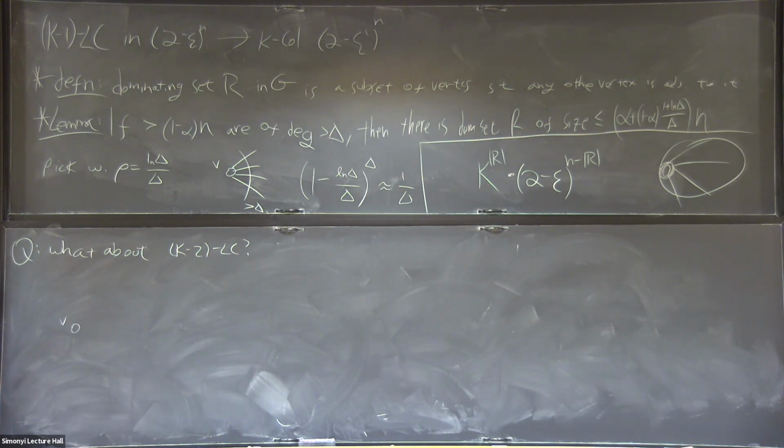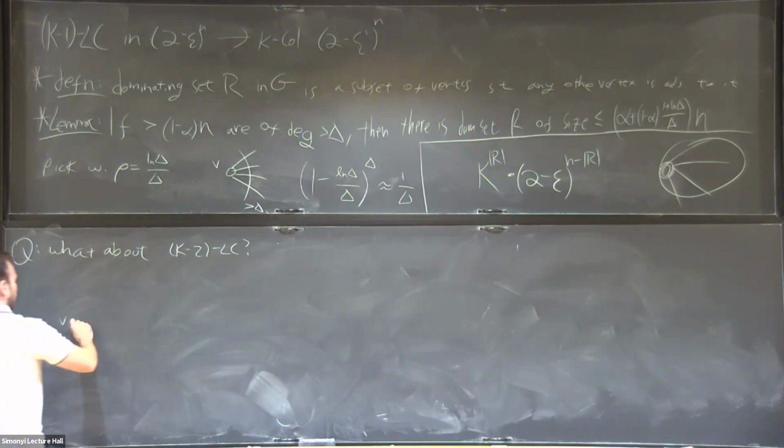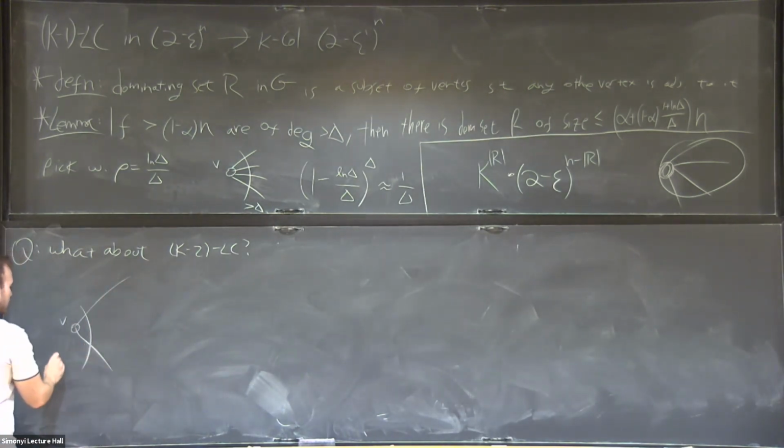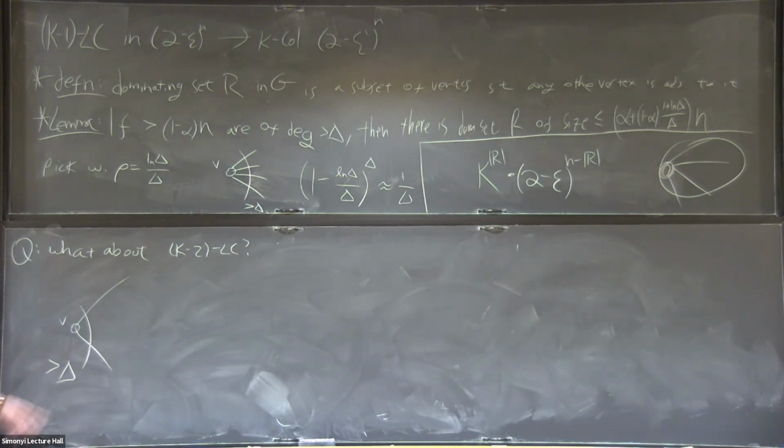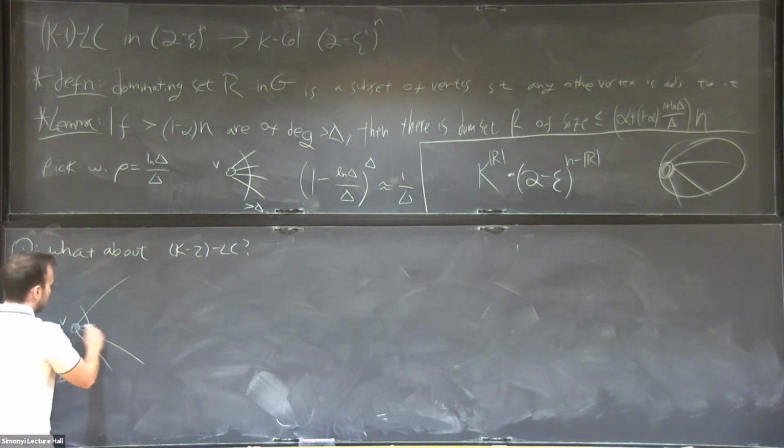So I have some vertex V, and let's say that we fix some coloring of the graph. So I have some K coloring in mind. When is this problem going to appear and when is it not going to appear? Let's say that the total degree of my vertex is larger than delta, for some large constant delta. Then we can see the following.